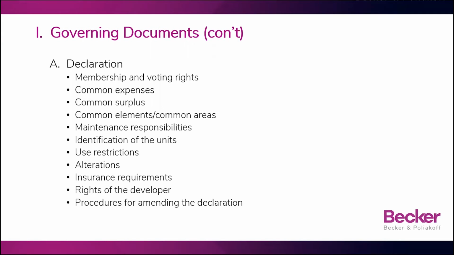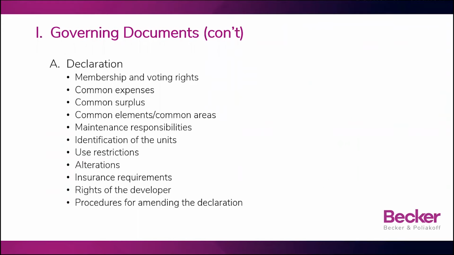I'm going to make a couple other points on the declaration, and then we'll move along. In my experience, probably the most important provision in the declaration, and the one that almost always needs the most work from the developer boilerplate documents, is the maintenance sections.